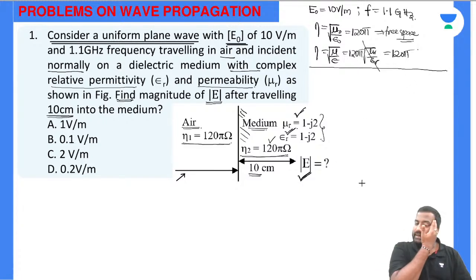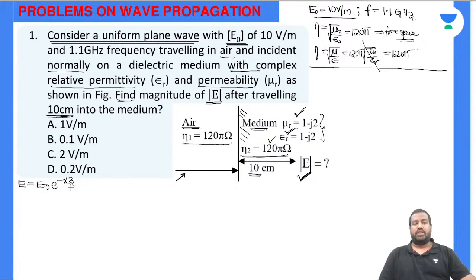I need to find the value of the field after it travels 10 centimeter into the medium. What is E? E is equal to the initial amplitude E naught, 10 volt per meter, into e power minus alpha z. Of course, you'll write into e power j of omega t minus beta z, that is the phase term.